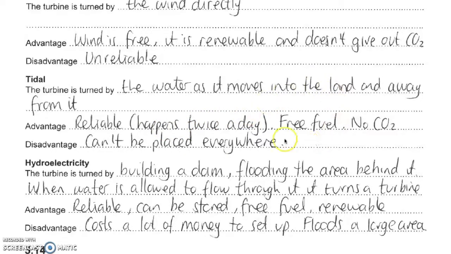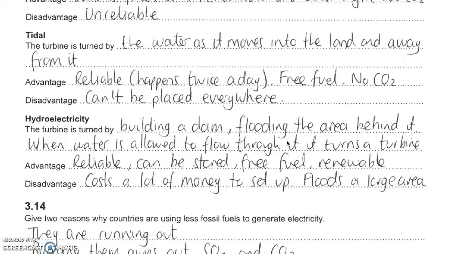We don't need anything extra, apart from building the equipment to connect up the generators and the turbines. No carbon dioxide emission as well. However, it's dependent on the location, because we can't have a tidal power plant on the land.